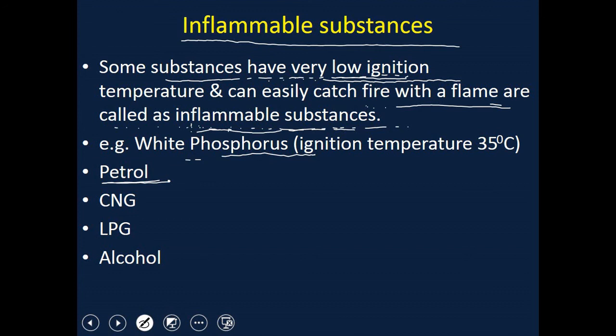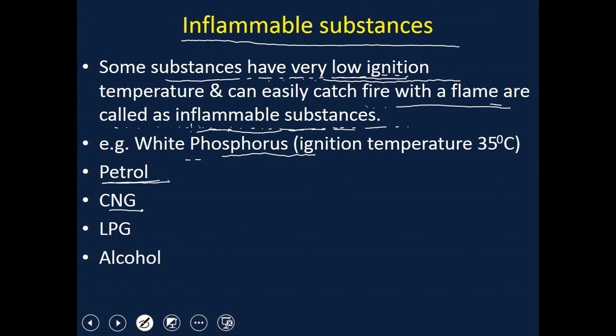Then one more substance I want to discuss here. This substance is white phosphorus. Children, white phosphorus has an ignition temperature of only 35 degrees Celsius. So you can imagine, its ignition temperature is very low, only 35 degrees centigrade. So what do you think about its storage? As the ignition temperature of white phosphorus is very low, what will happen? It will catch fire easily.